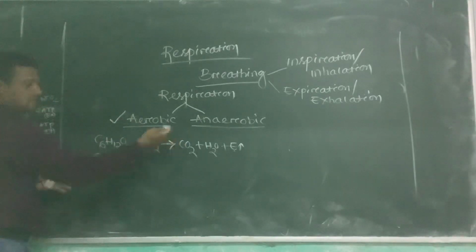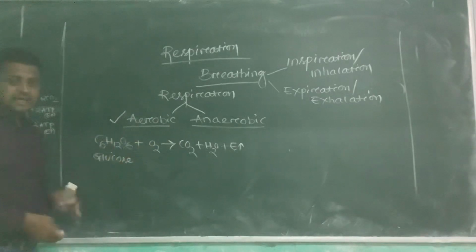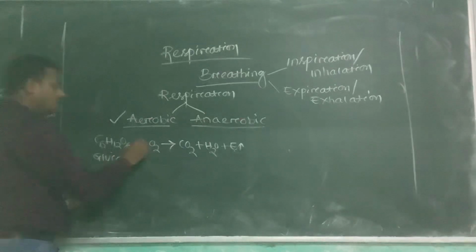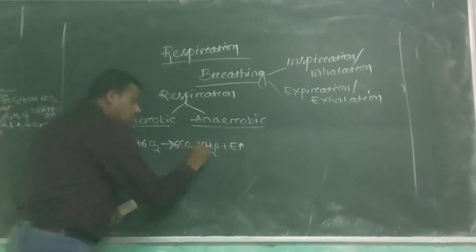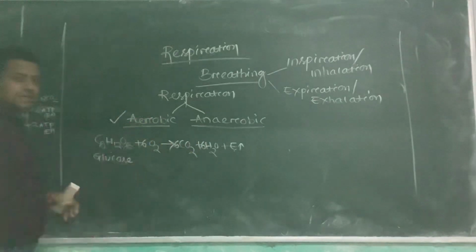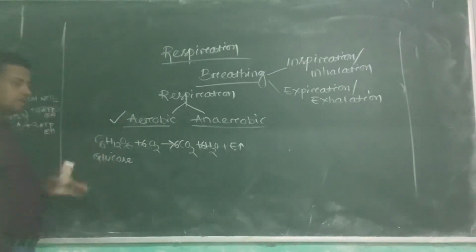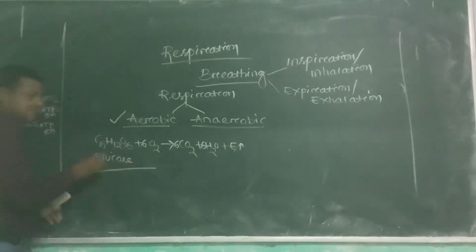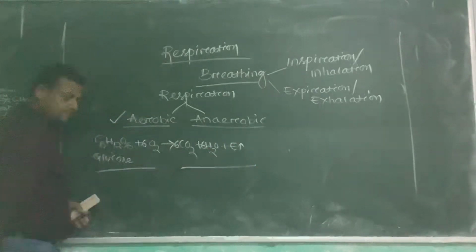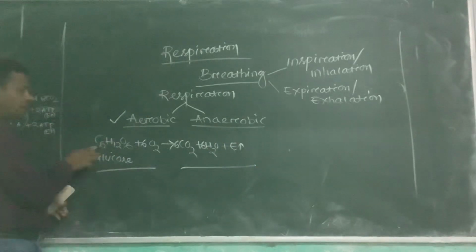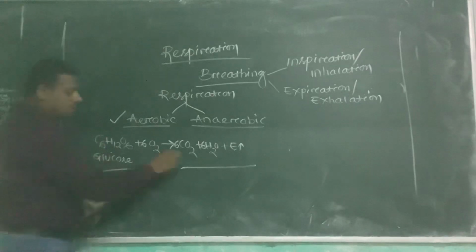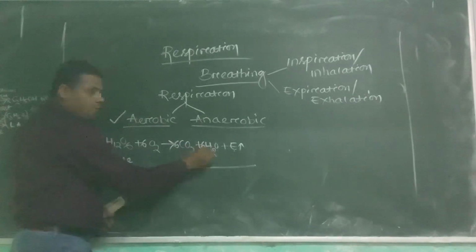If we equalize the reactant and product sides, we count the number of elements and balance the equation. On the reactant side we find 6 carbon, here 6 carbon; 12 hydrogen, here 6 into 2, 12 hydrogen.